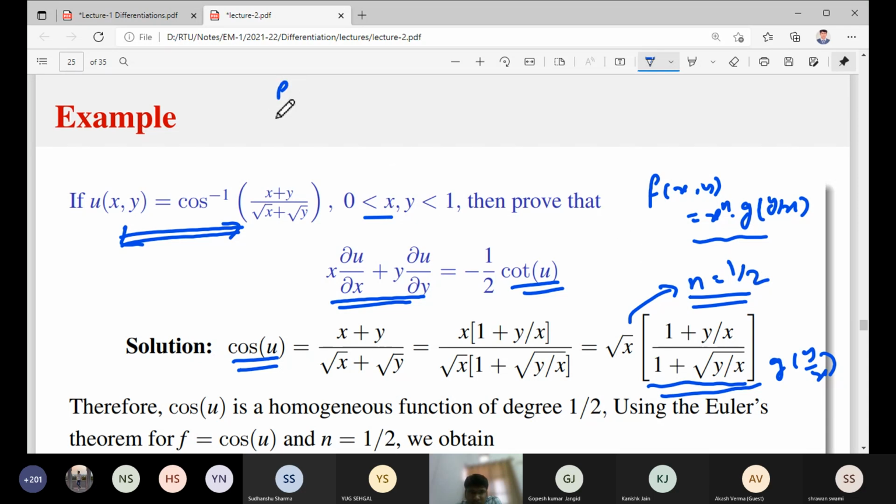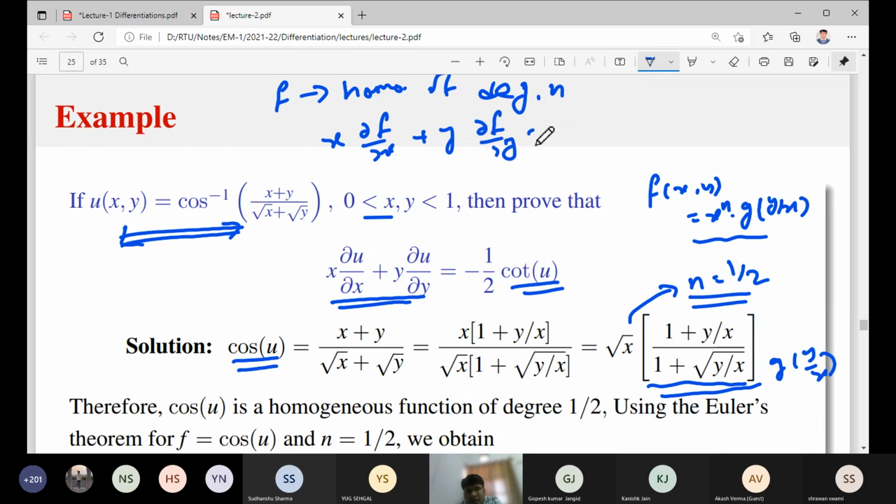If your function f is homogeneous of degree n, then the value of x times del f upon del x plus y times del f upon del y equals n times f. This is our statement of Euler's theorem, and we need to find the value of this one.